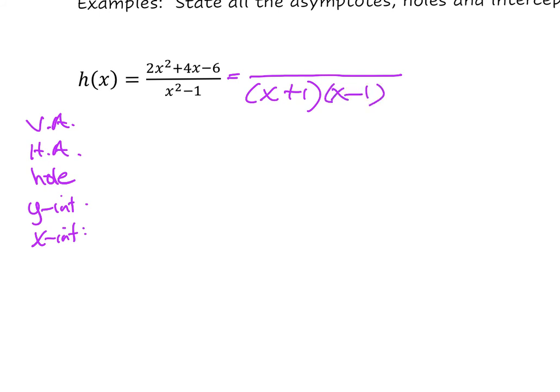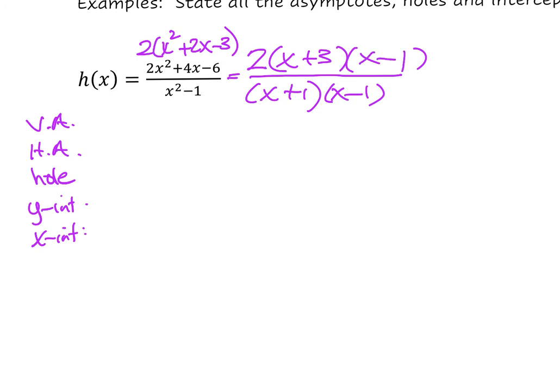For the top one, before I jump into anything like the AC method, I'm actually going to just pull out a GCF of 2. I get 2 times x squared plus 2x minus 3. When I factor that, it's an easy factoring. I get x plus 3, x minus 1.